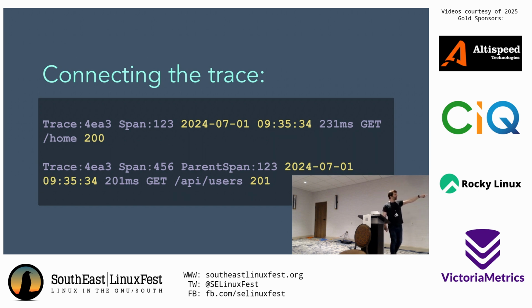And then each sub-request is called a span and has its own ID, and it has the ID of the overall trace and of the parent span that precedes it. And what we get from this is a nested tree structure that encodes that debugging journey for us, that journey of figuring out what happened here, what called here, where was the error. It's all just encoded in the tree structure for us.